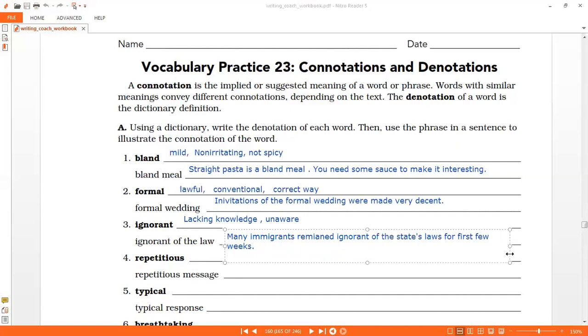Like when they migrated, they remained ignorant, they didn't know, they were unaware of the law.